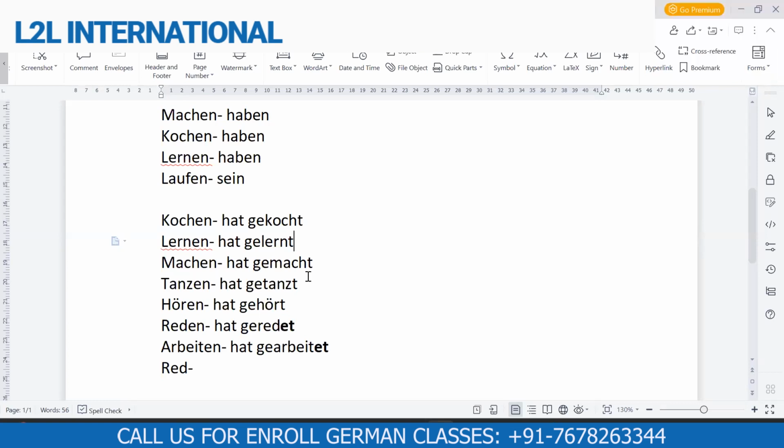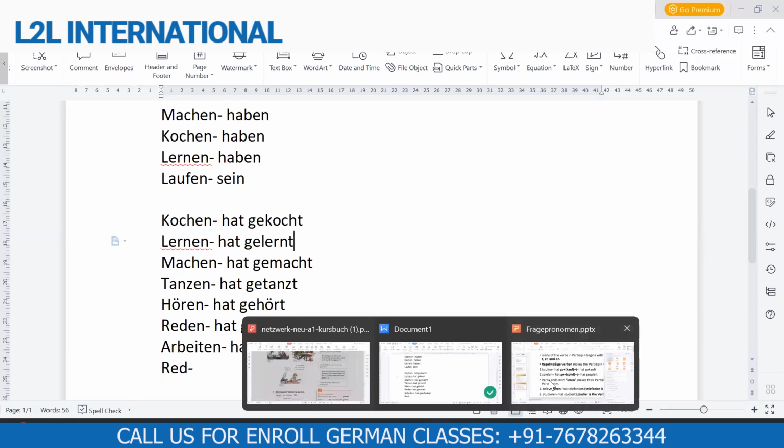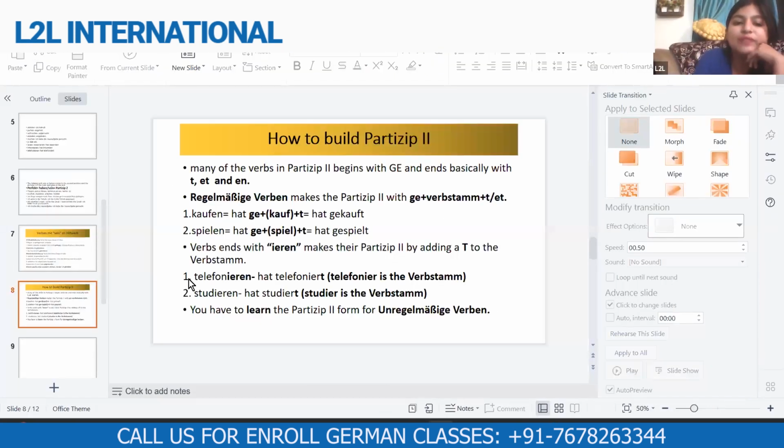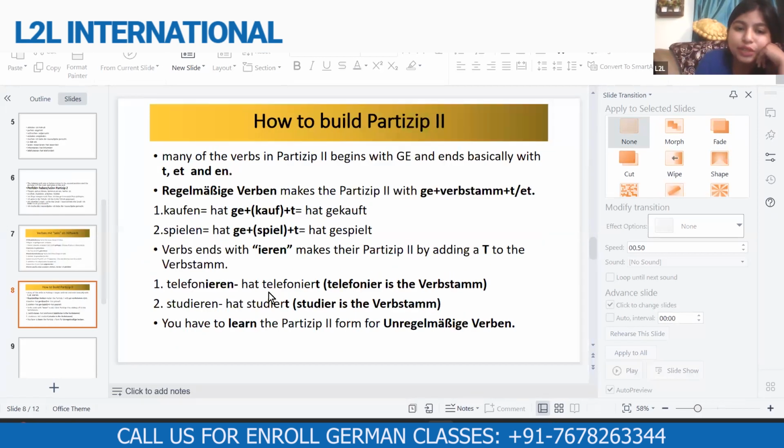The first rule of changing a verb to participle II. Okay, next. The next rule says the verbs that end with ieren make their participle II by adding t to the verb stem. So we need to remove that en part and add t to the verb stem.